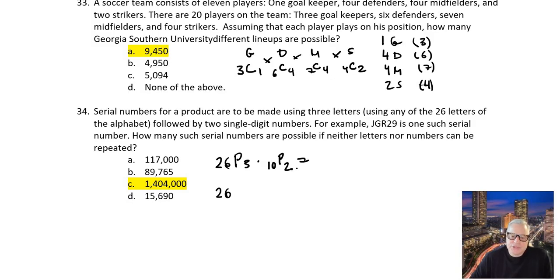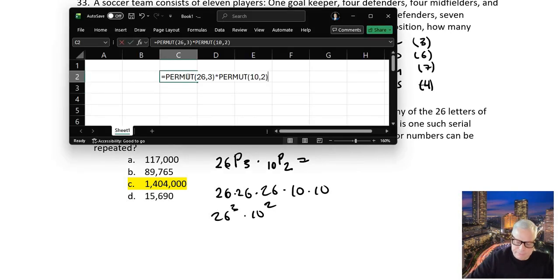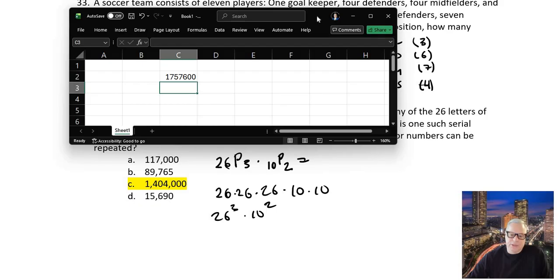Then it would be 26 times 26 times 26 times 10 times 10, or 26 cubed times 100. So in this case we would have equals 26 raised to the 3 times 10 raised to the 2, and then you would have some 300,000 more opportunities added to it: 1,757,600.